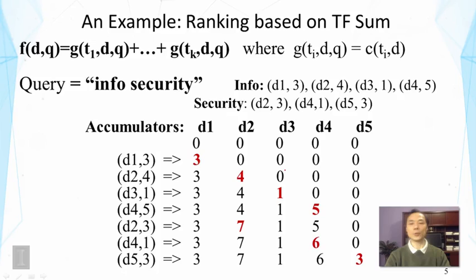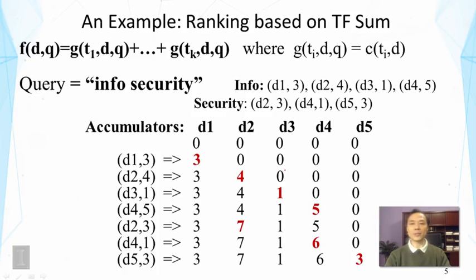So those scores on the last row are the final scores for these documents, if our scoring function is just a simple sum of TF values. Now, what if we actually would like to do length normalization? Well, we can do the normalization at this point for each document.